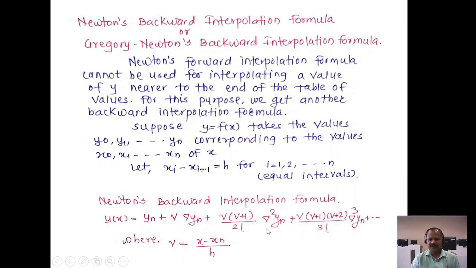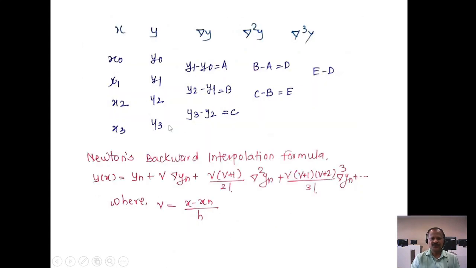Now within this formula there are different variables. It may be delta yn, delta square yn, delta cube yn. How to find these? For this you can prepare one table like this. The x variables are x0, x1, x2, x3, then y0, y1, y2, y3. Now we have to find the first difference, delta y.